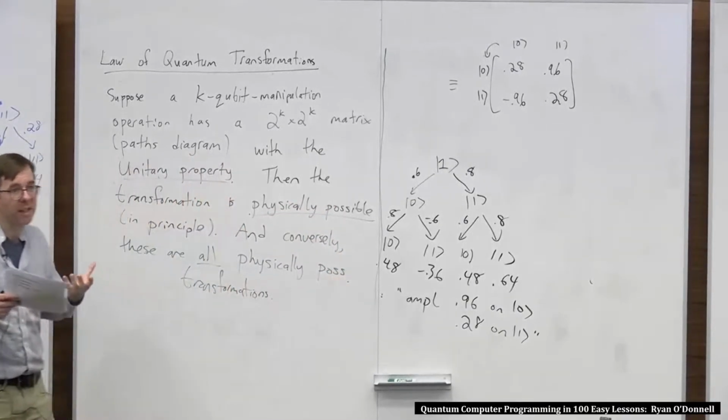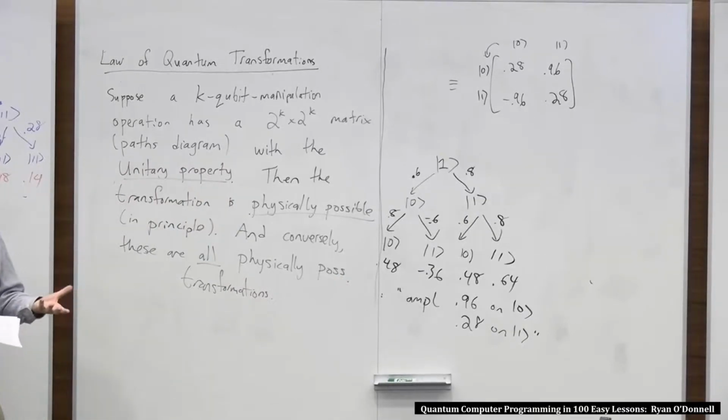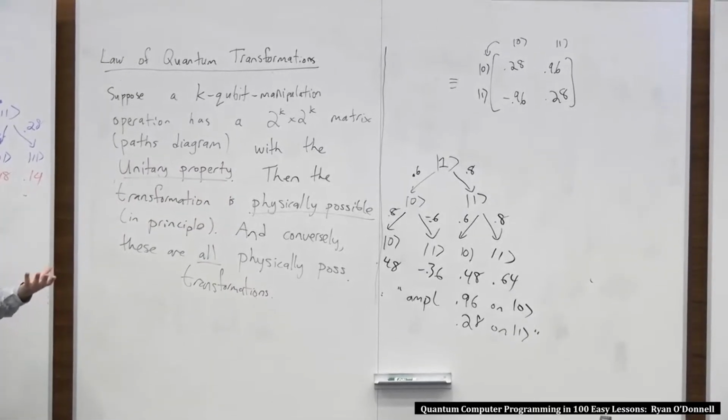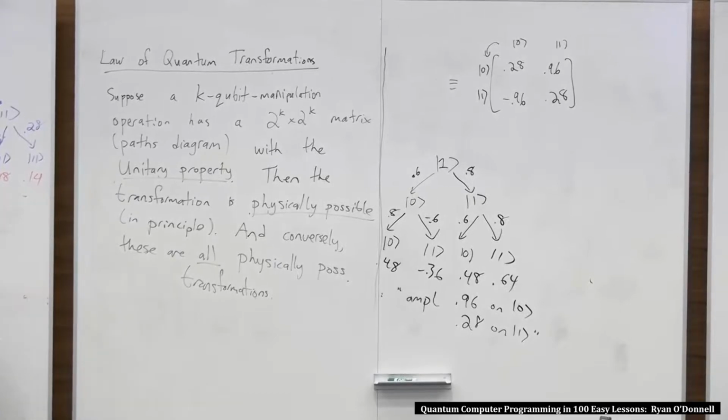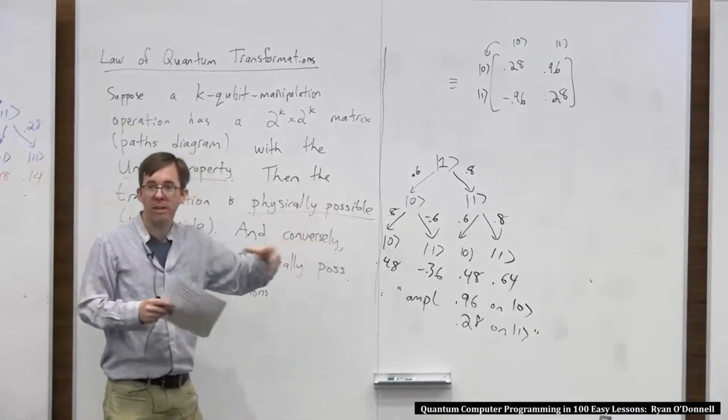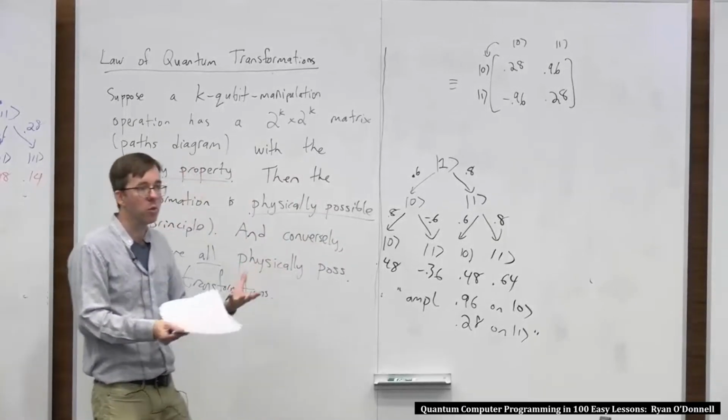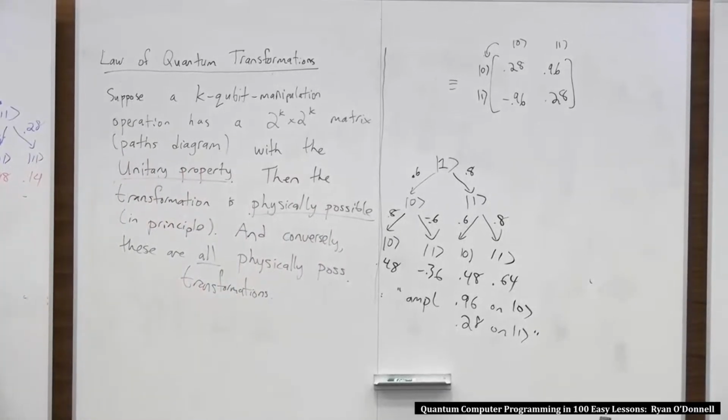And therefore, if you do a physical transformation, it must keep the sum of the squares of the amplitudes being 1. But the other half is the converse, which is that if you describe a matrix which always keeps the sum of the squares of the amplitudes 1, then this is a transformation that can occur in our physical universe.